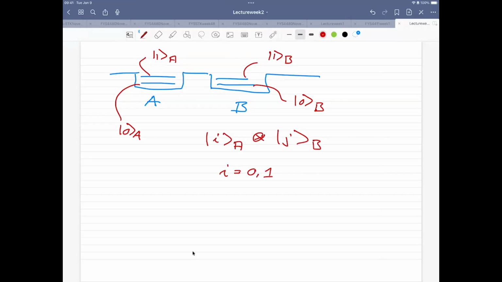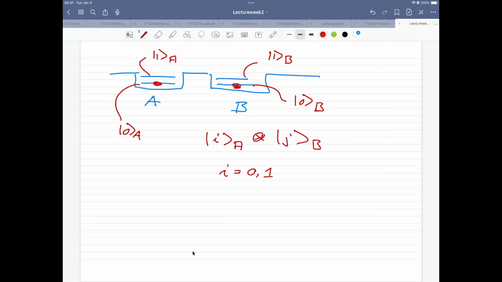Then I can make states. And clearly I could make a state which could be the ground state of the system. You could think that the ground state of the system is having one particle here and one particle here, and one of them could have spin up and the other one spin down. But you could then prepare the system as a product state.